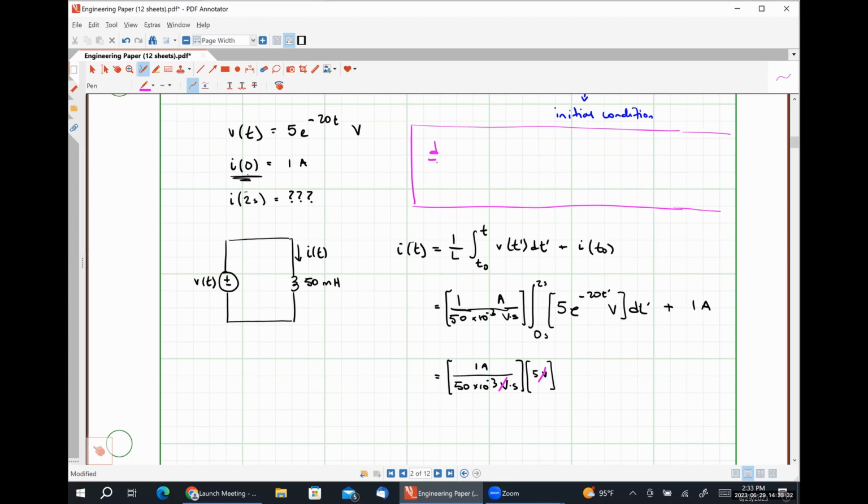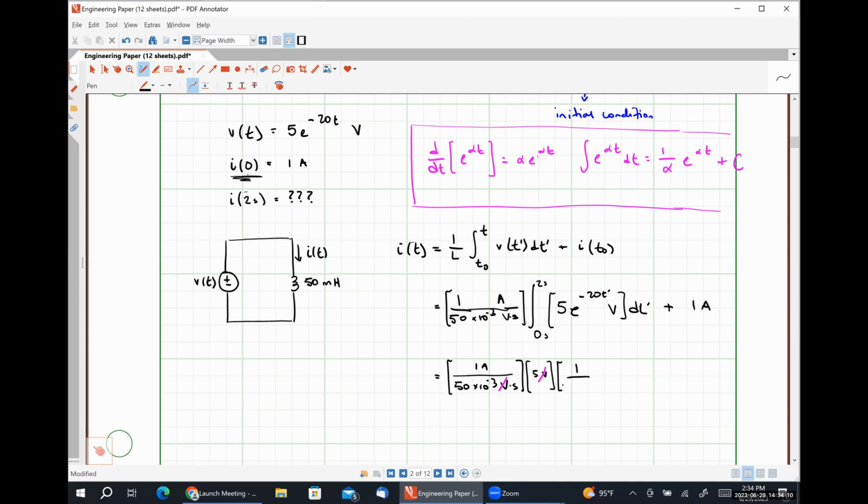The derivative of e to the alpha t is alpha e to the alpha t, and the integral of e to the alpha t is 1 over alpha e to the alpha t plus c, but I'm not a mathematician. So in this case, alpha is negative 20, so I'm going to pull that down.